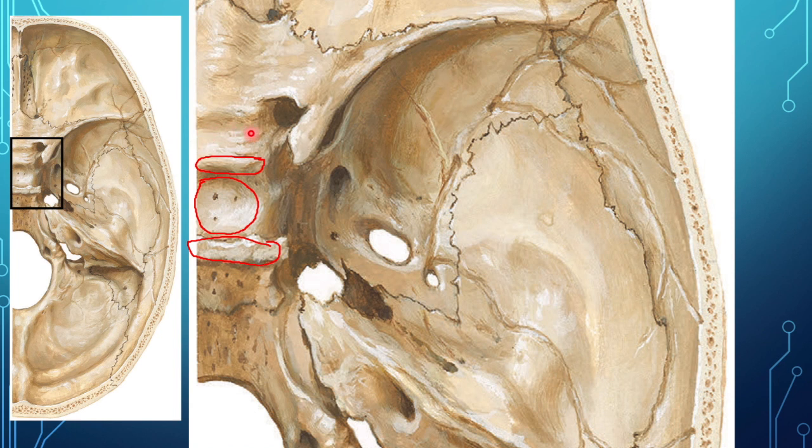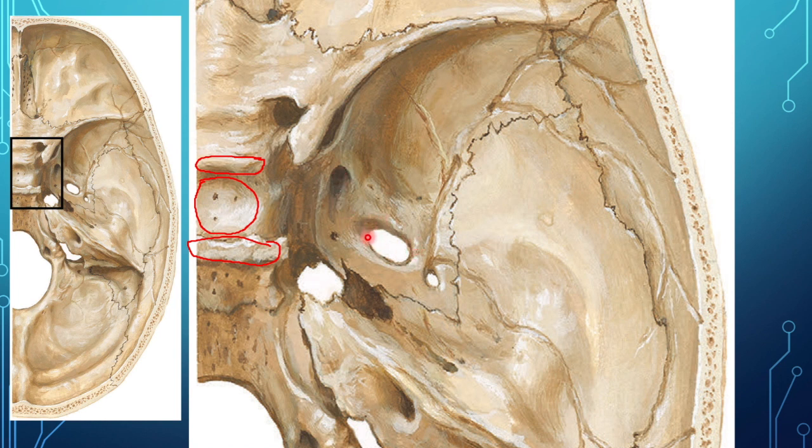Do you see this groove over here? This is the area where the optic chiasm rests. So the optic nerve from the right side comes from here. The superior orbital fissure is over here. This is round in structure, if you see it clearly, so this is the foramen rotundum, and this is oval in shape.